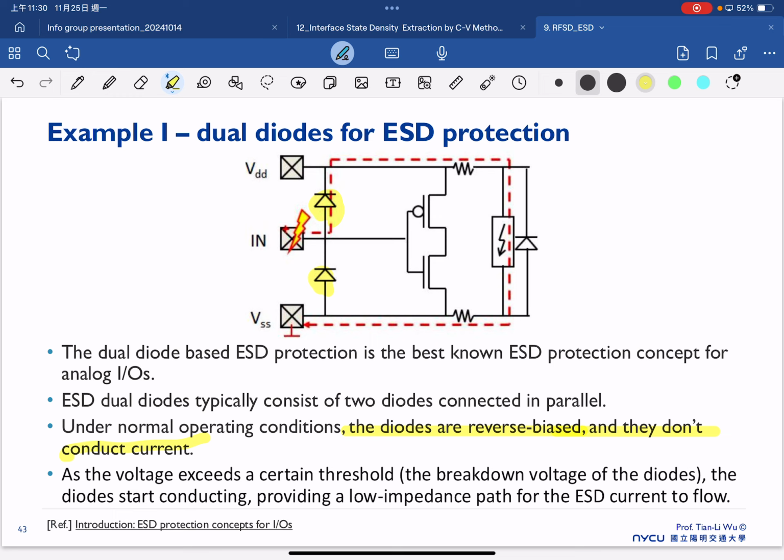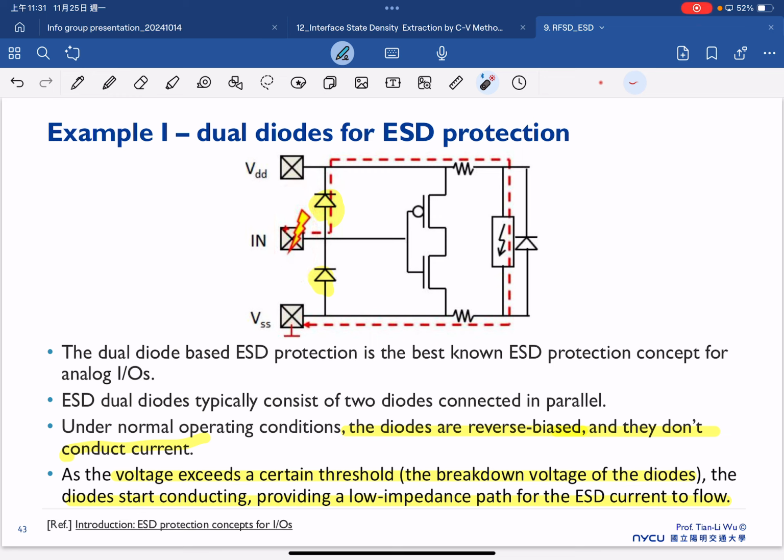But when the voltage exceeds a certain threshold, for example the breakdown of the diodes, the diodes start conducting and provide a low impedance path for the ESD current to flow. That means once we have the ESD strike, this diode will operate in breakdown mode, and current can flow in here and flow out, so we can make sure that our CMOS won't be damaged by this ESD strike.